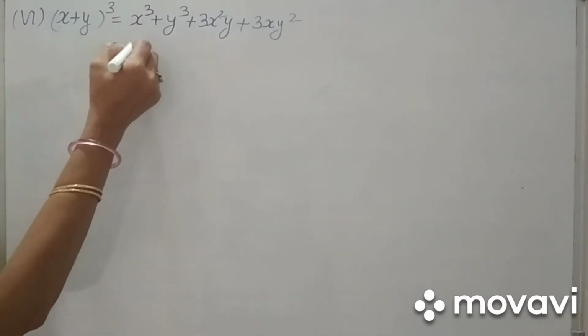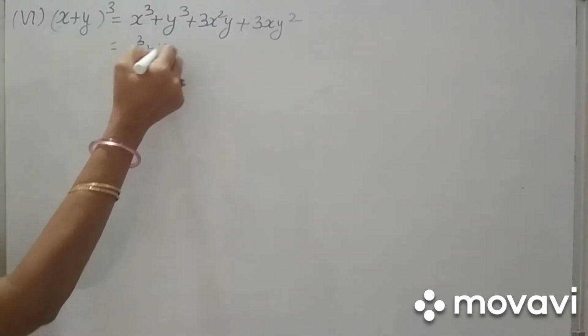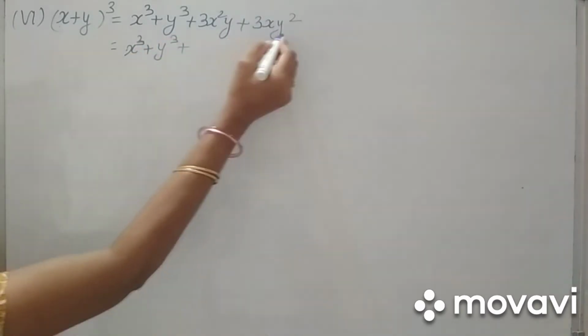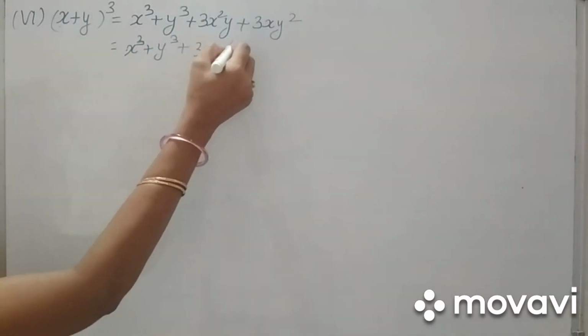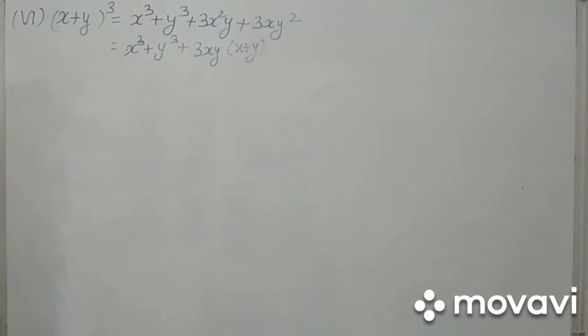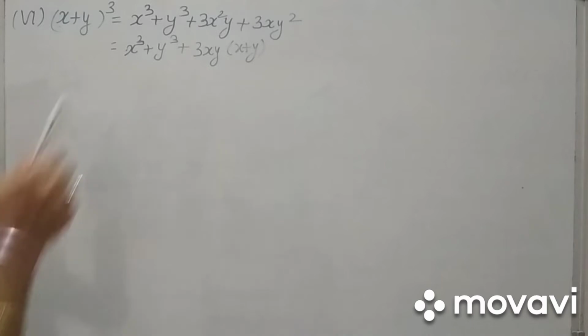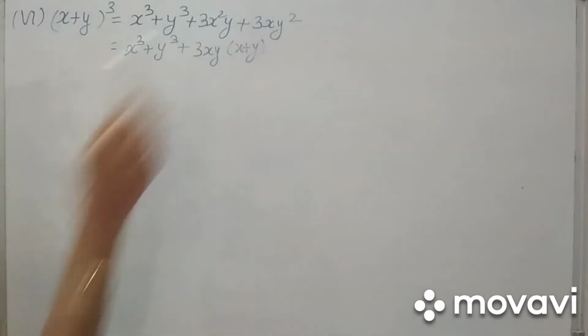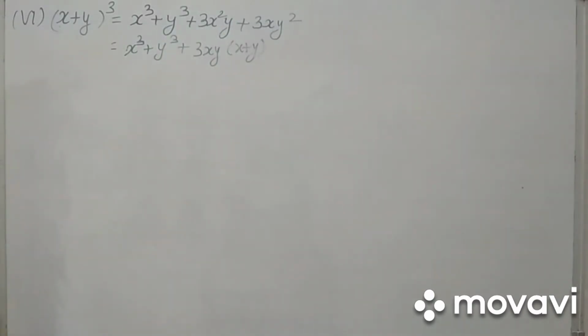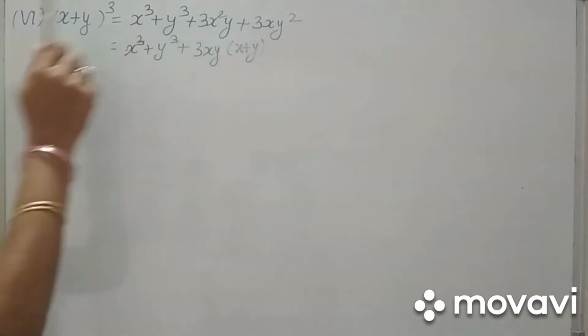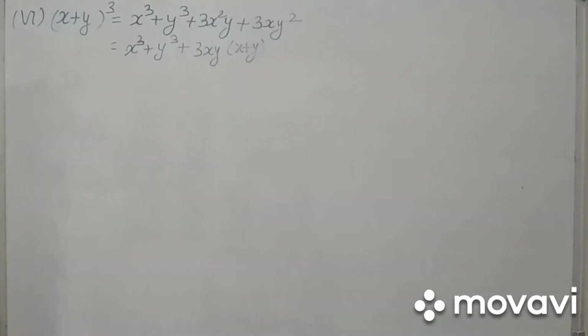This can also be written as x cube plus y cube plus, taking 3xy common from these, (x + y). Why do I prefer this for the factorization form? Because in a factorizing question, the question is given in this format, so it would be easy to represent it in this factorial form.